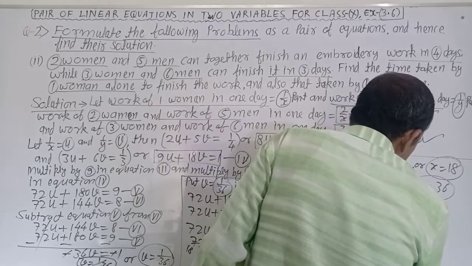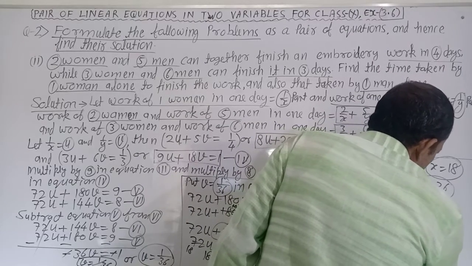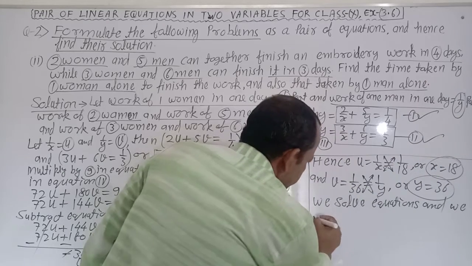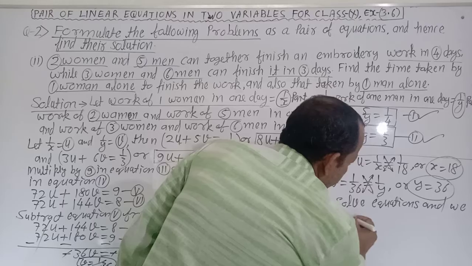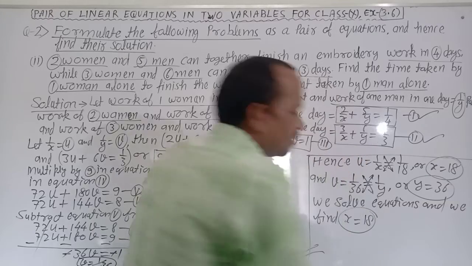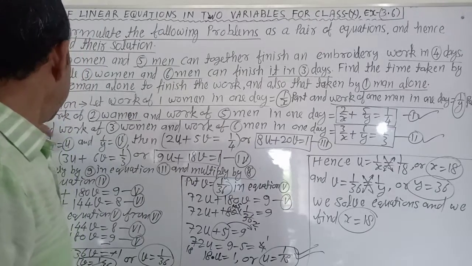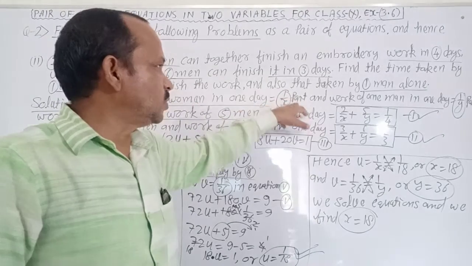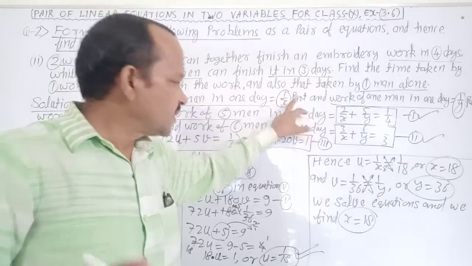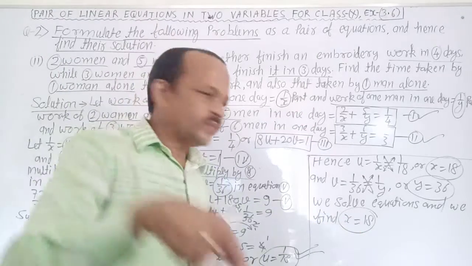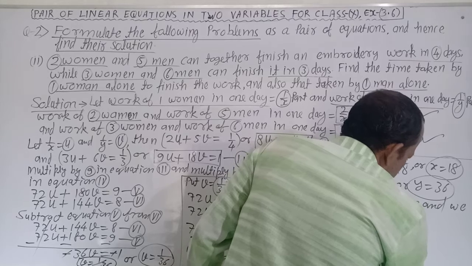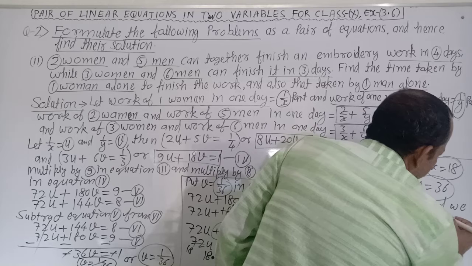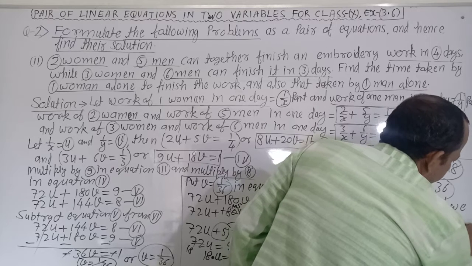We solve the equations and we find x equal to 18. Here let work of one woman in one day equal to 1 by x part. x equal to 18 days and y equal to 36 days.